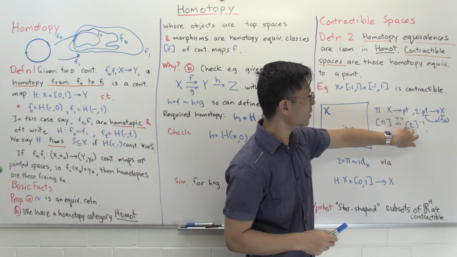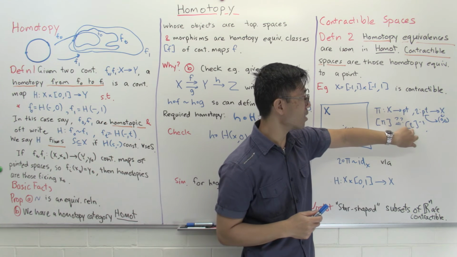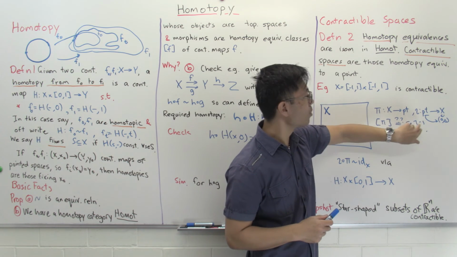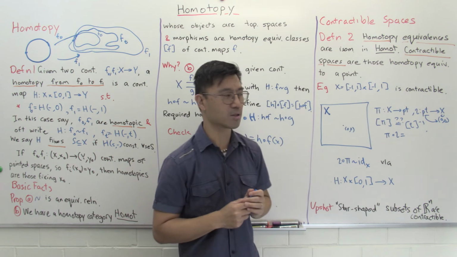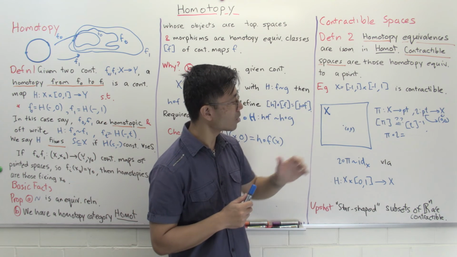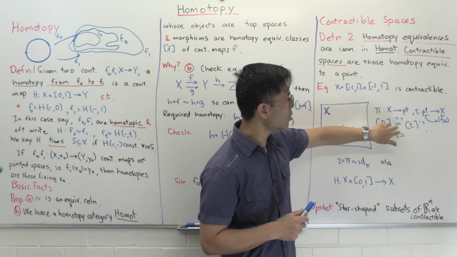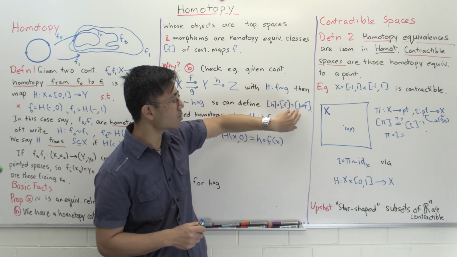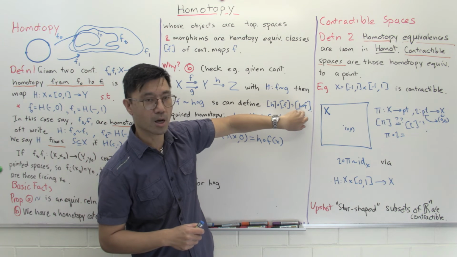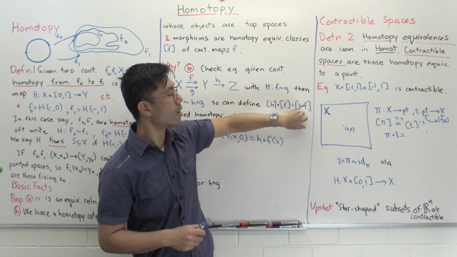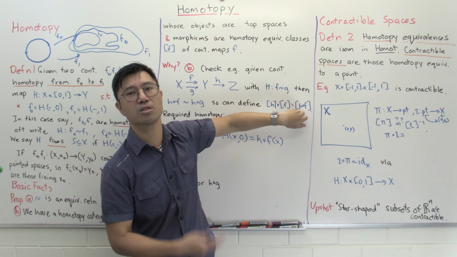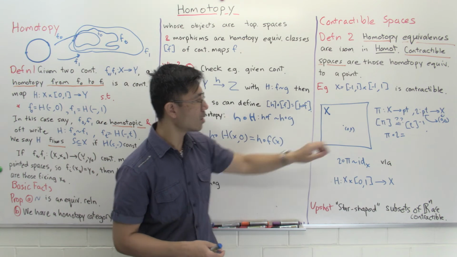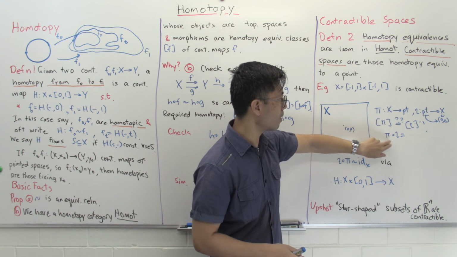So this is invertible, and they're inverses of each other. So basically, what does that mean? It means that when you compose them, and remember the composition is just the homotopy equivalence class of the composition of pi and iota, you want to say that that's the identity, so it means it's homotopic to the identity. So let's look at iota first, and then you do the pi.